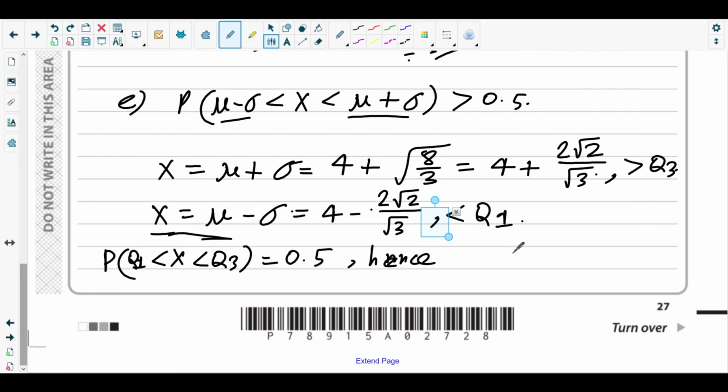Hence probability of x greater than mu minus sigma, less than mu plus sigma, where mu plus sigma is greater than Q3, and mu minus sigma is less than Q1. Hence this probability is greater than 0.5. Okay, so the statistician is correct, right?